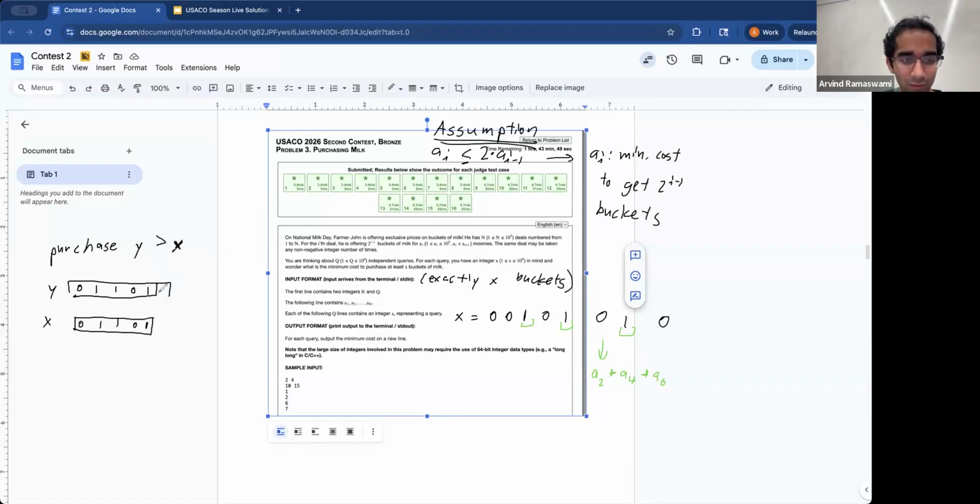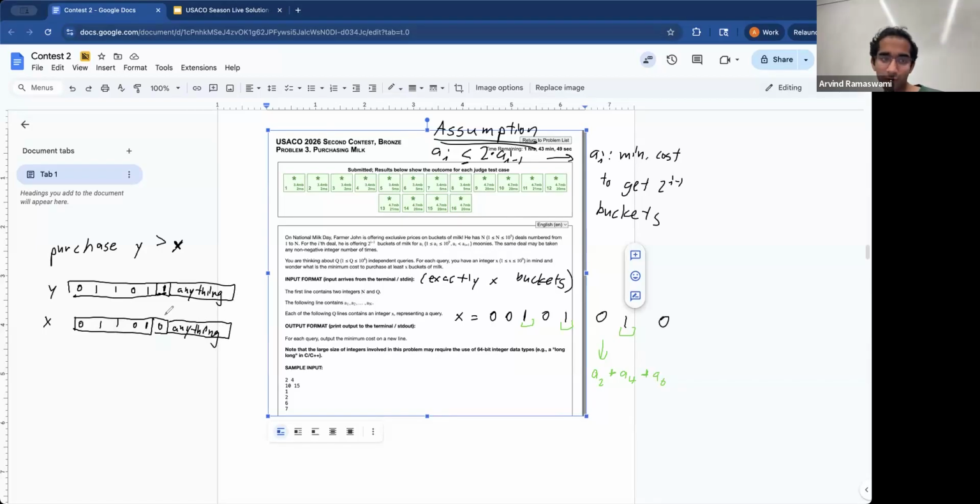And then at some bit, y has to equal 1, and then x has to equal 0. And then the suffix can be anything, right?